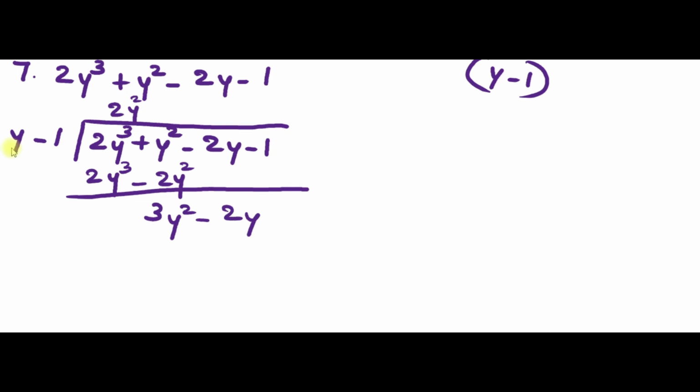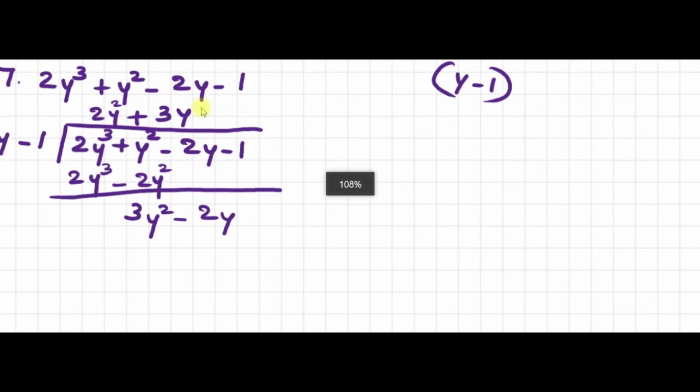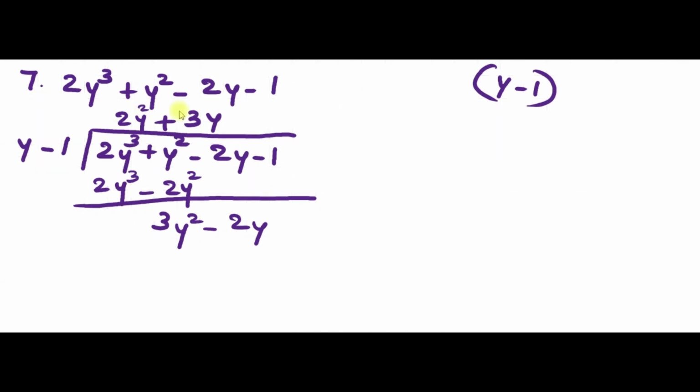Then 3y square divided by y will give you plus 3y, which I am writing here. Then 3y multiplied by y will give you 3y square. Again 3y multiplied by minus 1 will give you minus 3y. Then minus 2y minus 3y will give you y. I am bringing down this 1.